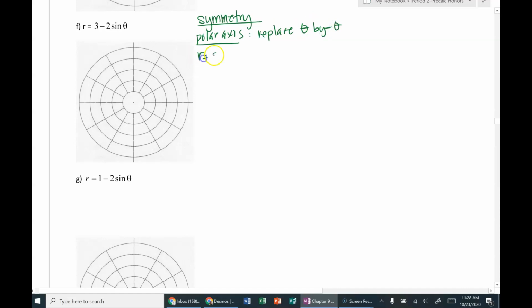So r equals 3 minus 2 sine of negative theta. As you know already, sine is an odd function. Odd functions mean a negative angle is the same thing as negative f of x.